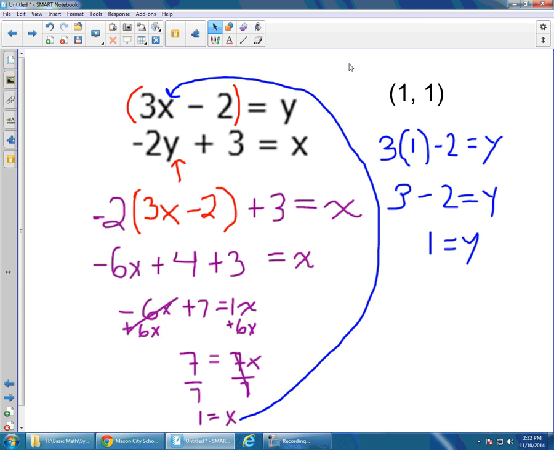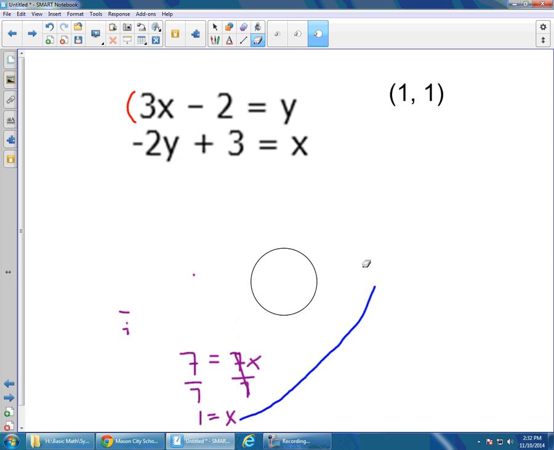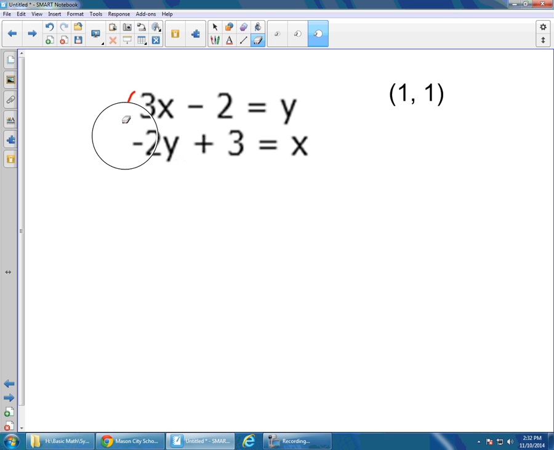Now I'm going to use that same point and go back and see if I can do it the opposite way. I'm going to erase the whole thing and then plug in x for where y is. Let's see what that looks like. Okay, I know x equals negative 2y plus 3. So I'm going to take negative 2y plus 3 and plug it in for x in the first equation.